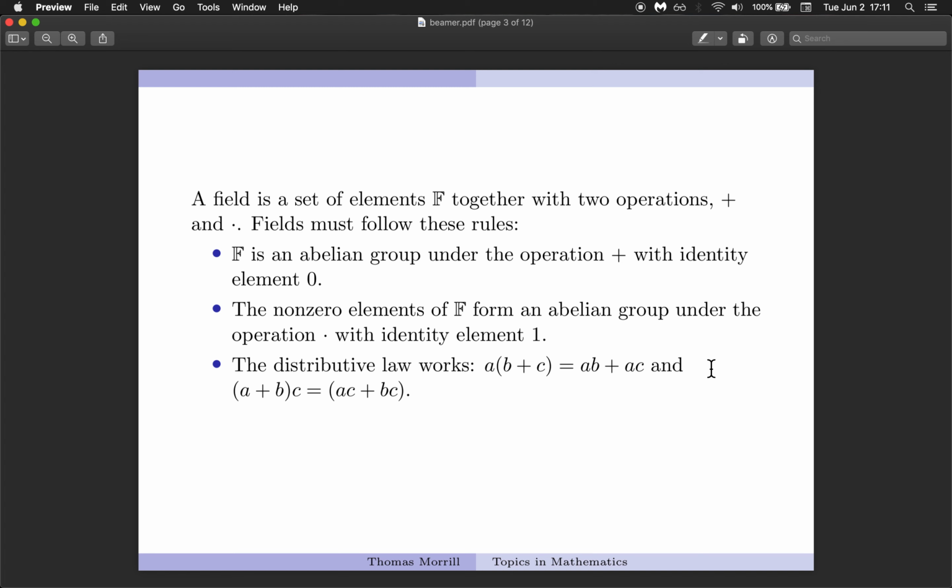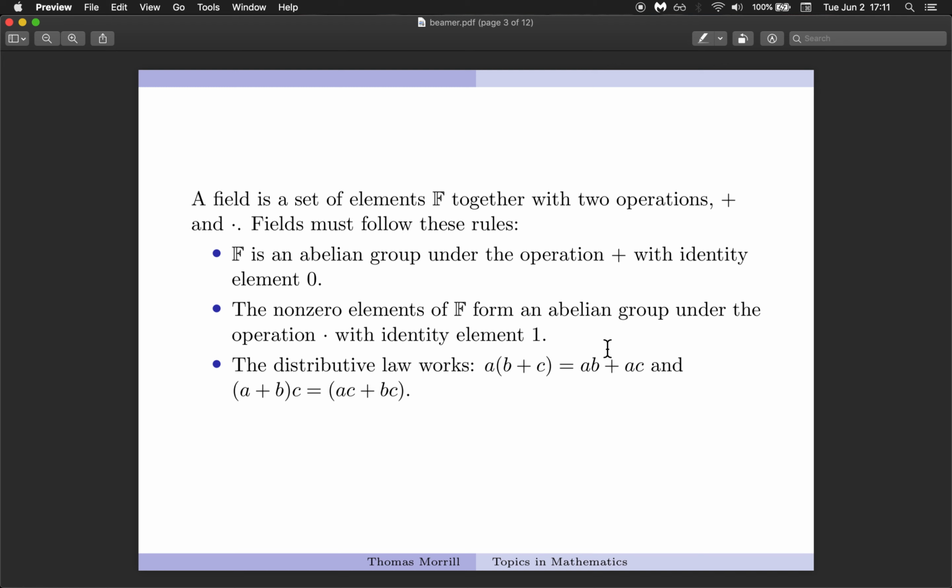And the nice thing about this is it is an abelian group, which means that just like regular addition that we've all grown up with, the order that you add things in does not change the result of your calculation.